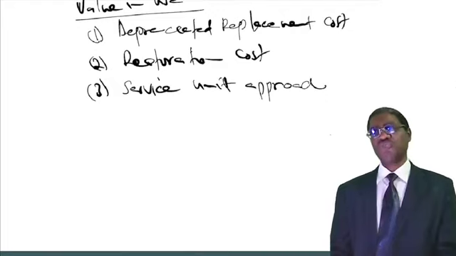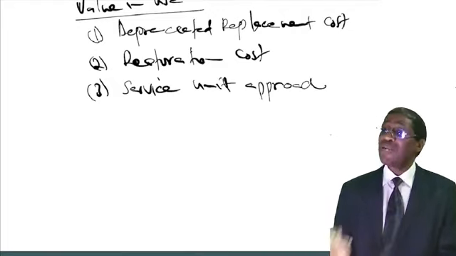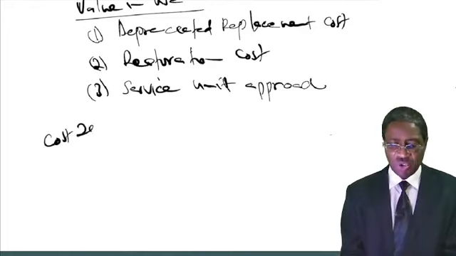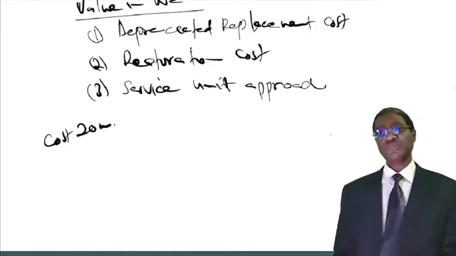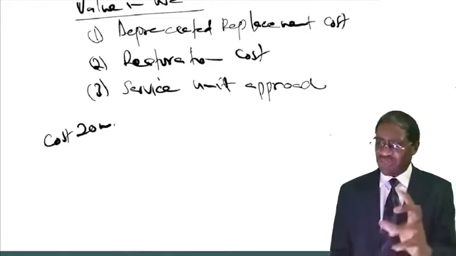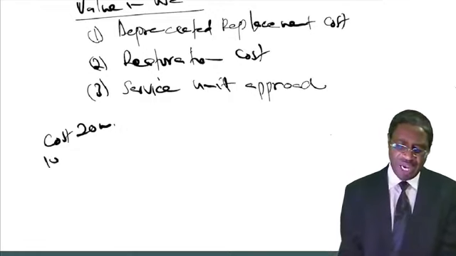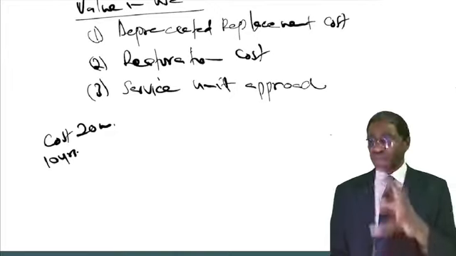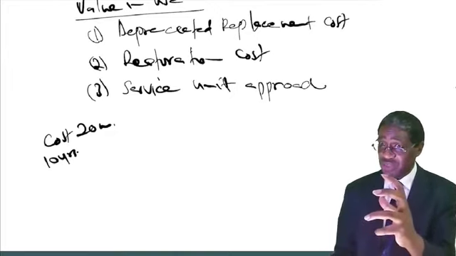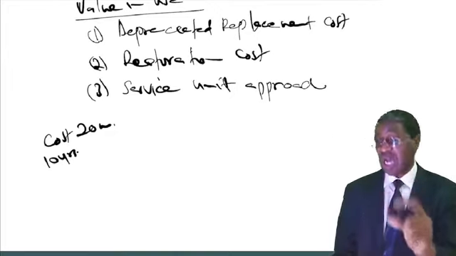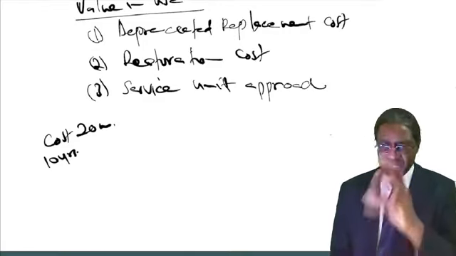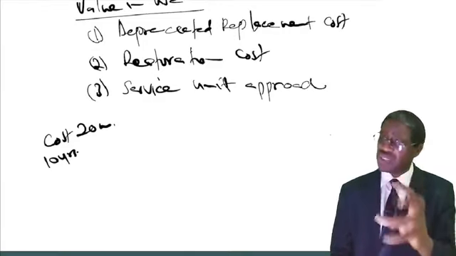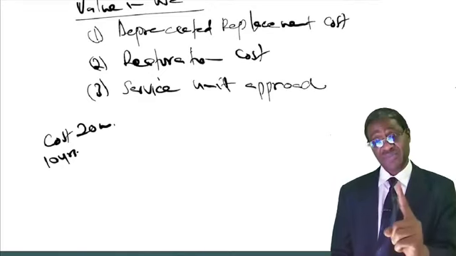I want to assume that you as a public sector entity bought a machine at a cost of 20 million. That machine has a useful life of 10 years. 5 years after you have used that machine, something happened, and as an entity, you want to determine whether it has suffered impairment.